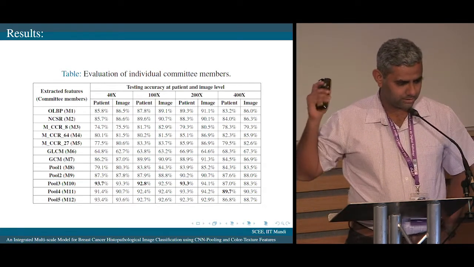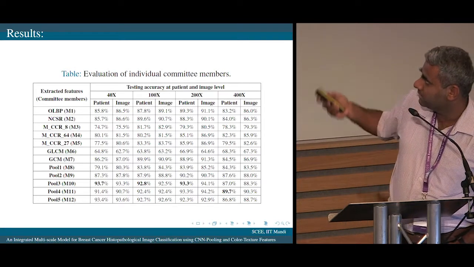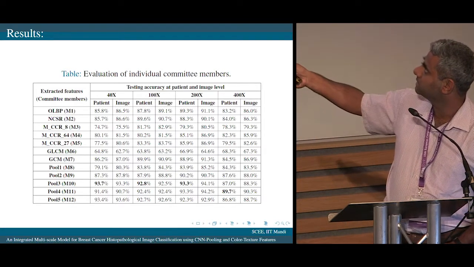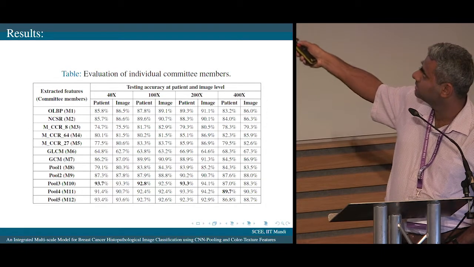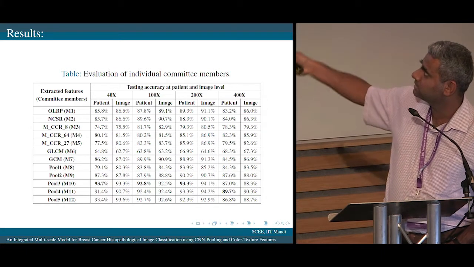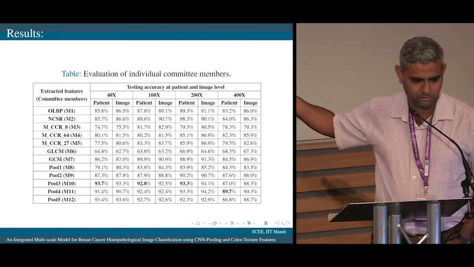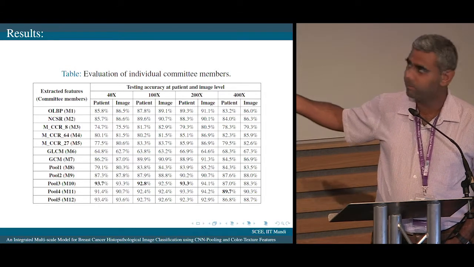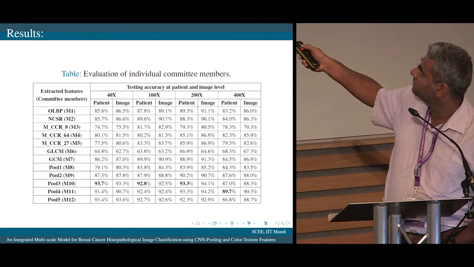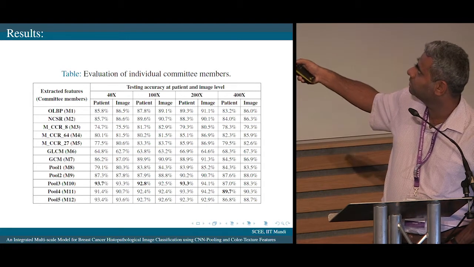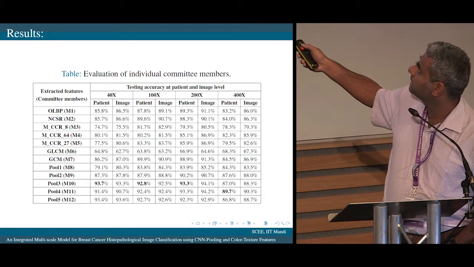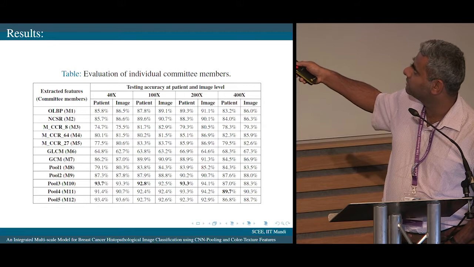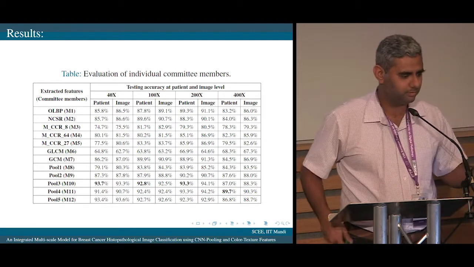Right. So just to highlight one point, here we find that some features, for example these features, perform the best among the various features that we choose. And if you look at the scores, you'll see that at different magnifications there are different features performing with different accuracy.